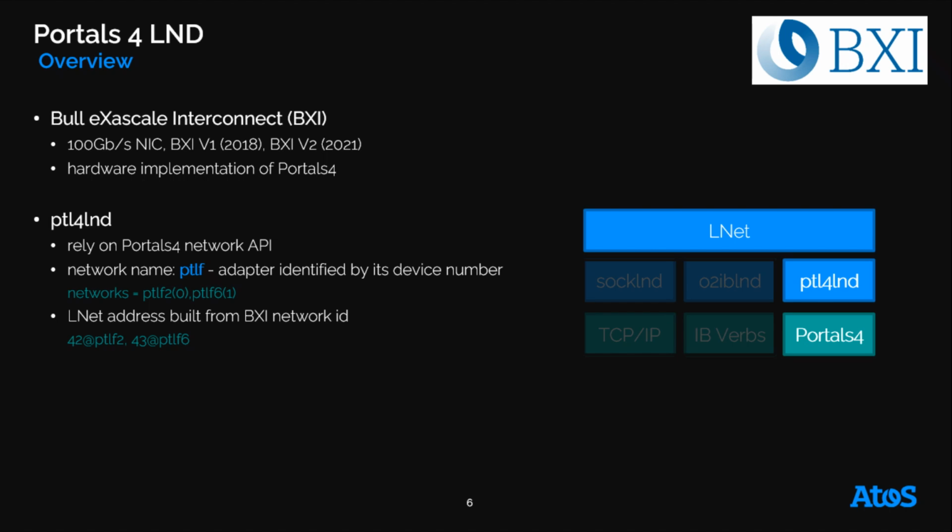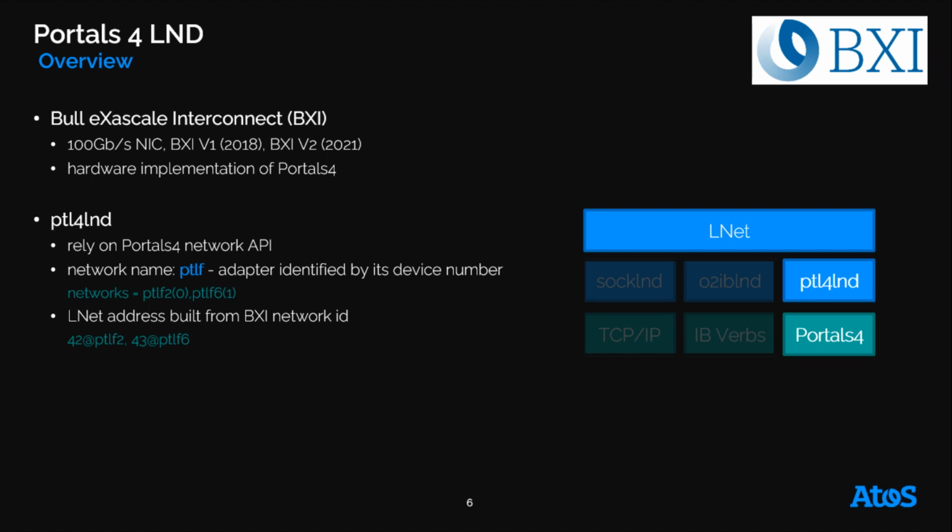Portals 4 LND uses PTLF as network name and builds the LNet address from the BXI network ID. In the example, we have a node with two BXI interfaces with network IDs 42 and 43. We declare that the BXI0 device will be used within the PTLF2 network and the BXI1 device will be used in the PTLF6 network.